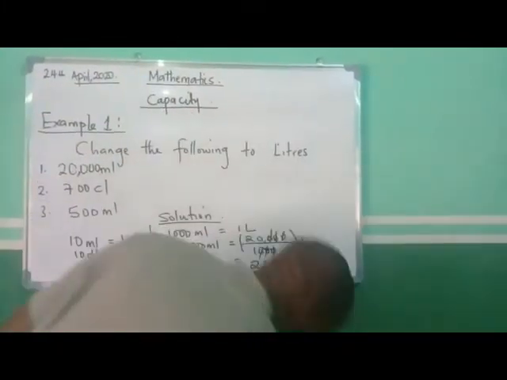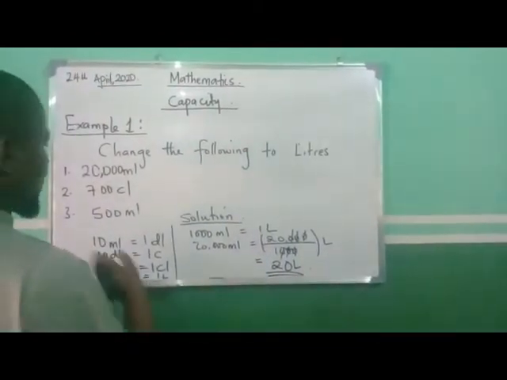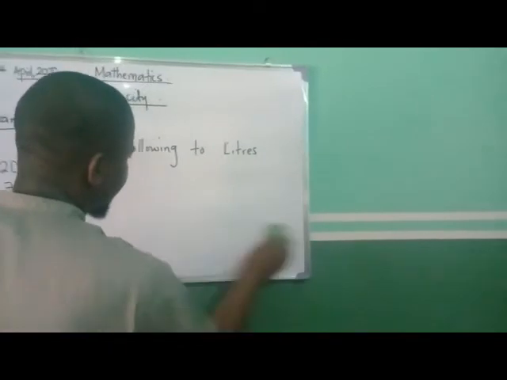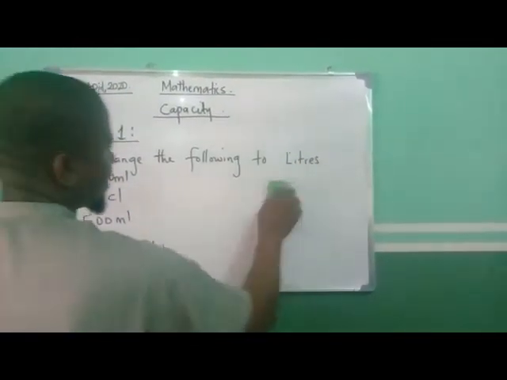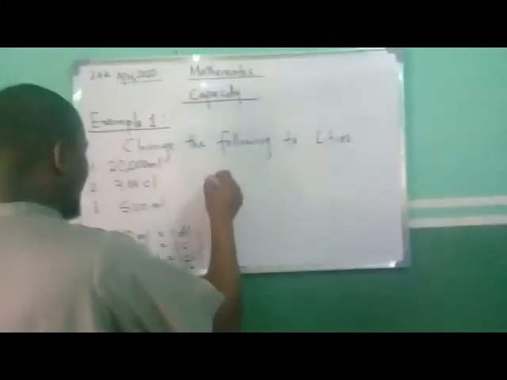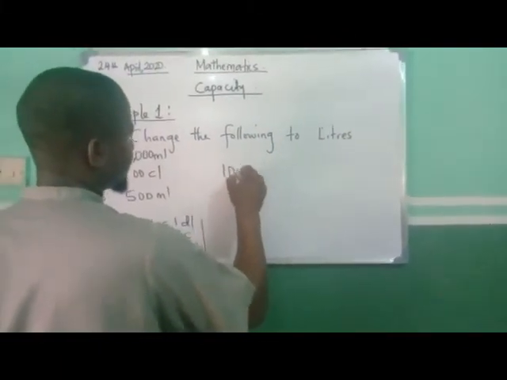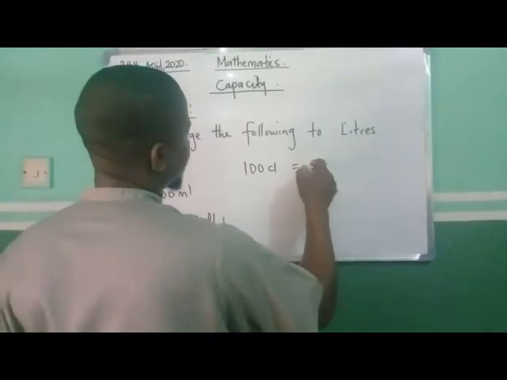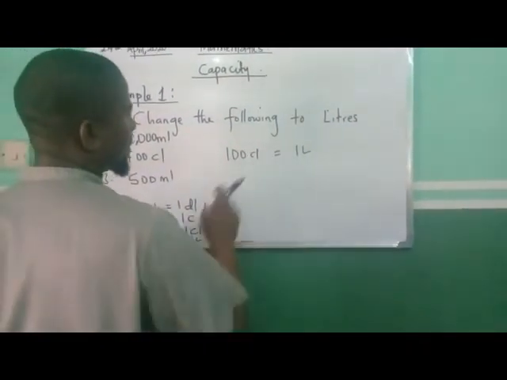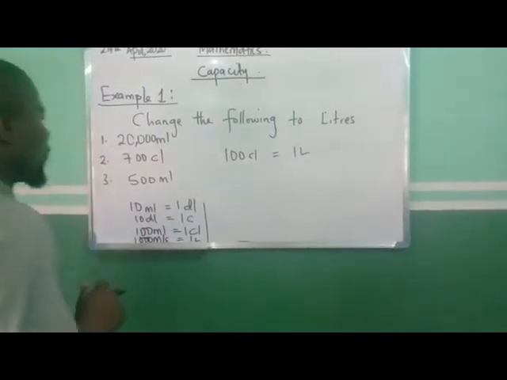Now, let's quickly get the second: 700 cl. Okay? Now, I know that 100 cl is equal to 1 liter.